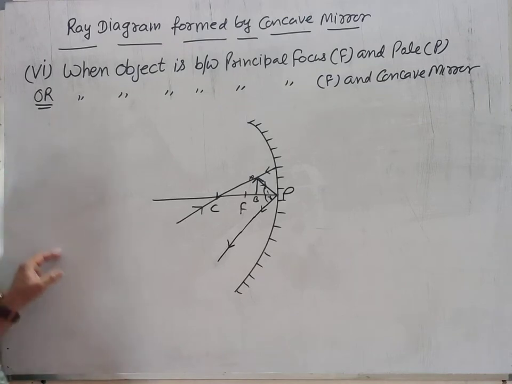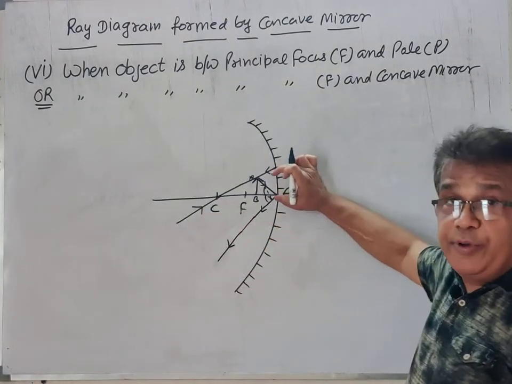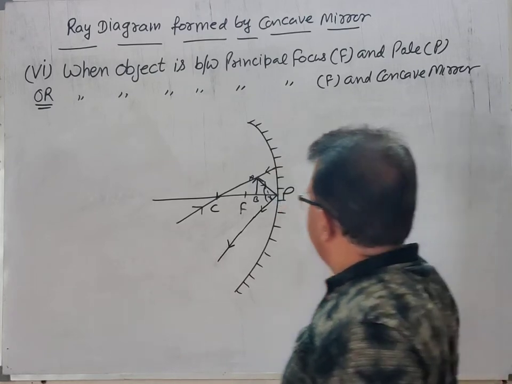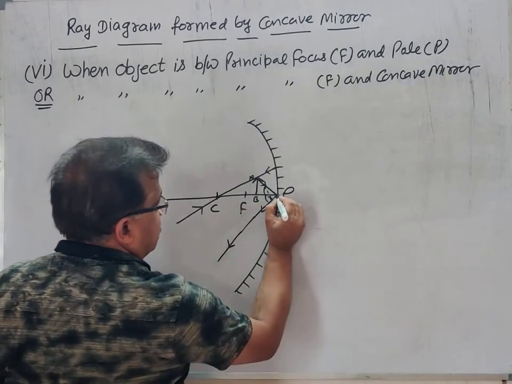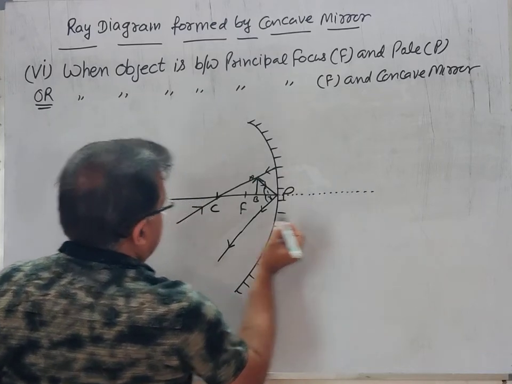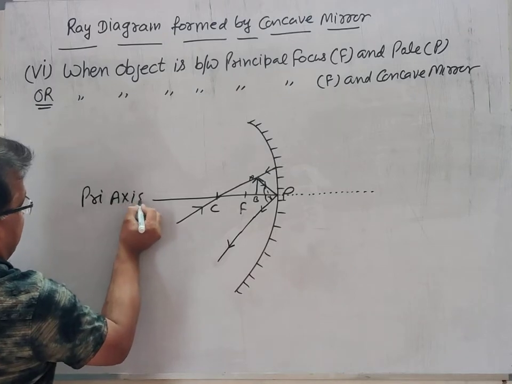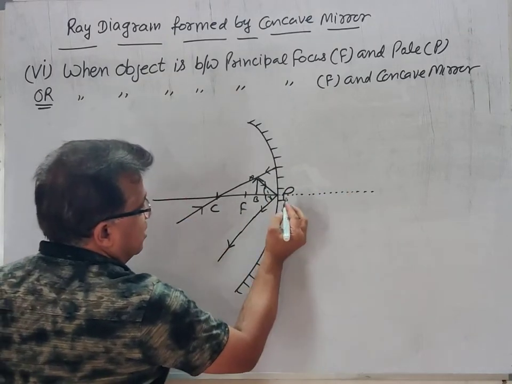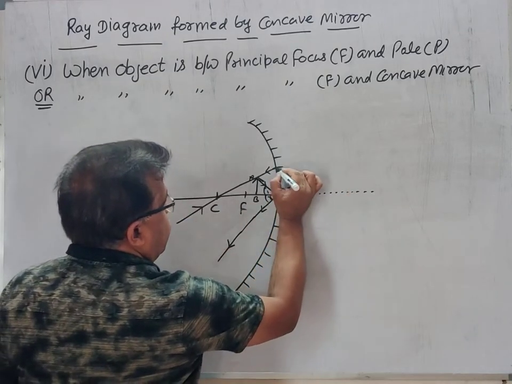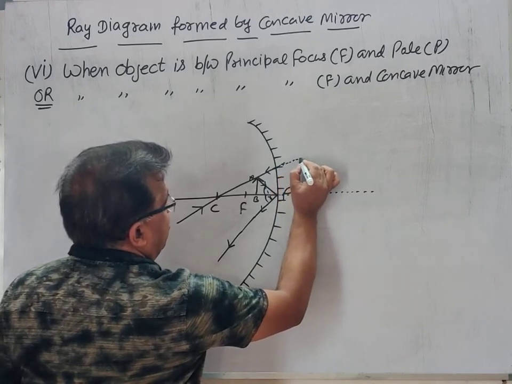Therefore they appear to meet on the back side. This is the principal axis. We extend it, and these will be formed when we produce them backward.